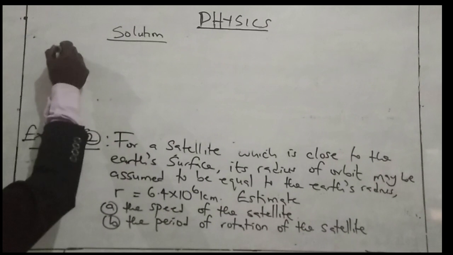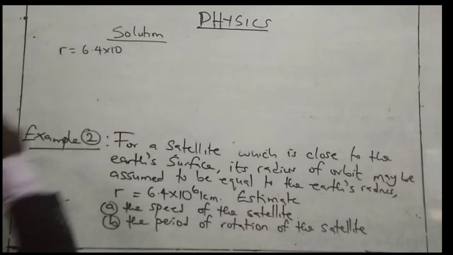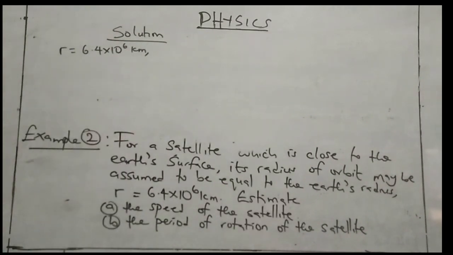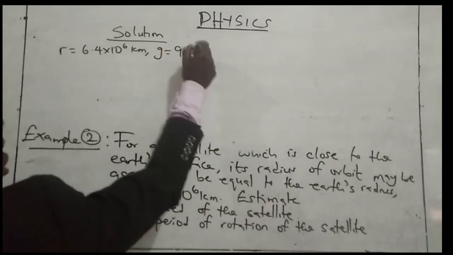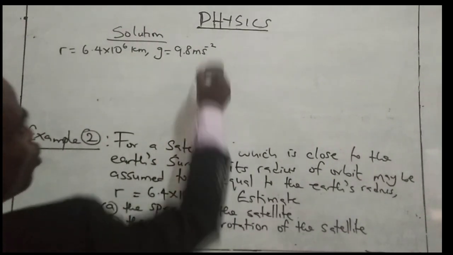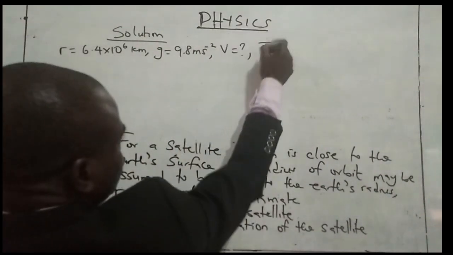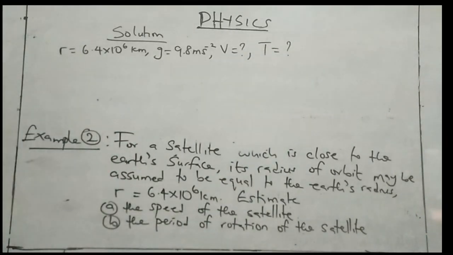The radius of the Earth, 6.4 times 10 to the power 6. Take notes, acceleration due to gravity is 9.8 meters per second squared, and we have to look for the speed of the satellite, and we're looking for the period T of rotation of the satellite.